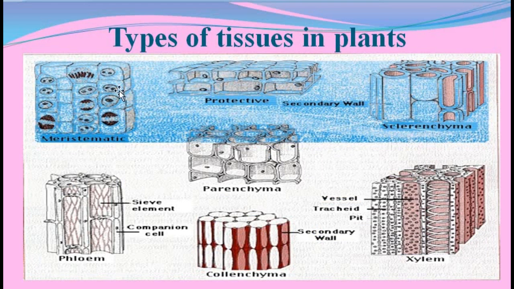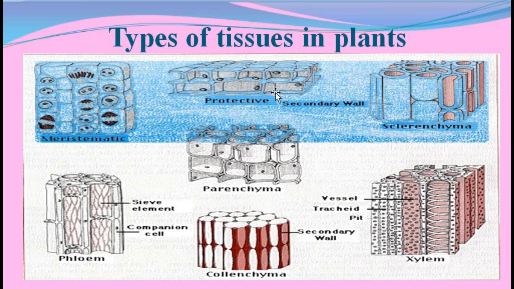In this slide, we can see some different types of tissues found in the plants. The first one is called the meristematic tissues, where all the cells have the capacity to divide and redivide to form the permanent tissues. Here we can find the different stages of mitosis, where the cells undergo division to form the permanent tissues. This is the protective tissue.